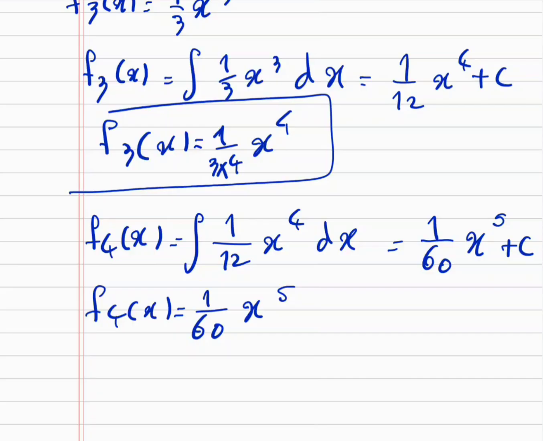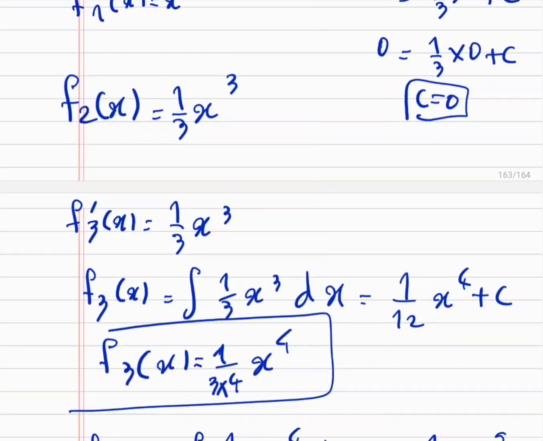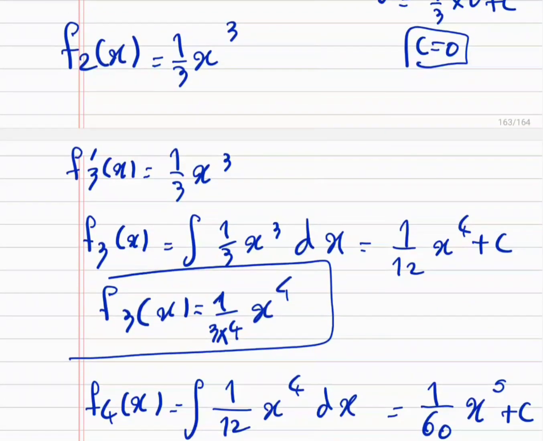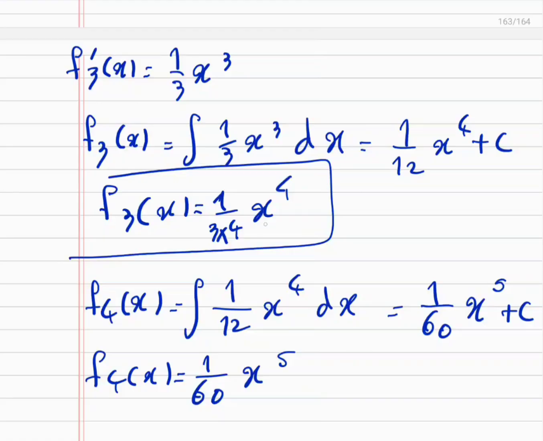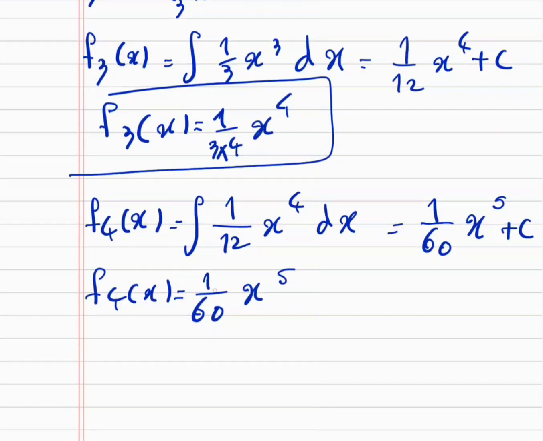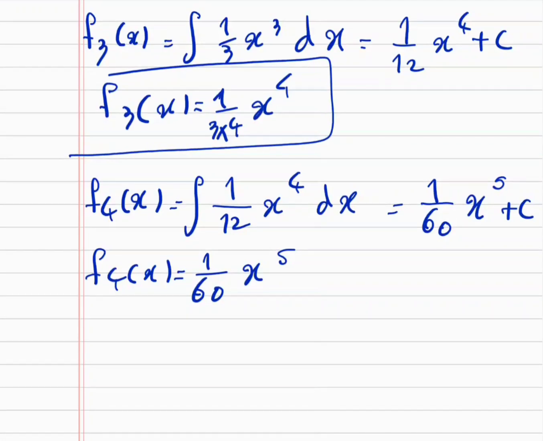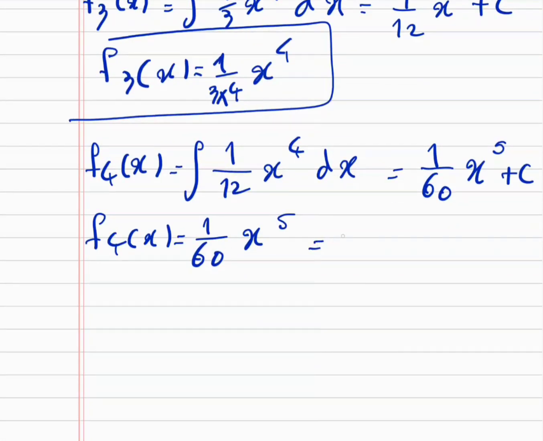Now, getting back to finding the pattern. Once again, f2(x) has x to the power 3, and the denominator has number 3. Then f3(x) has power 4, and the denominator is 3 times 4. And f4(x) has power 5, and the denominator is actually 3 times 4 times 5.